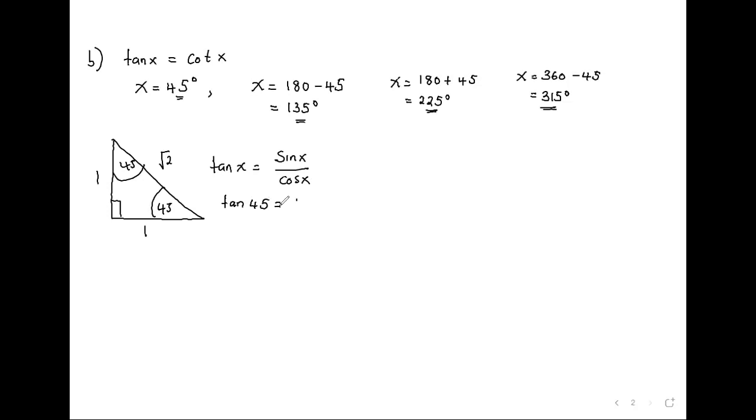Tan 45 here is 1. What is cot 45? Cot 45 is 1 over tan 45, which is 1 over 1, which is 1. So here they are equal, giving us 1, 1.